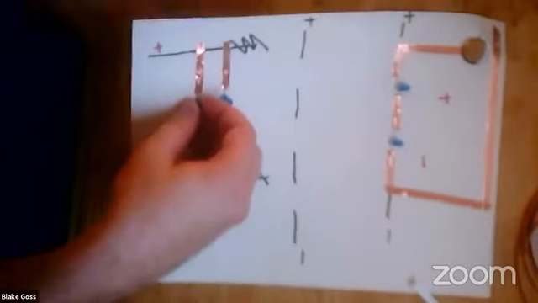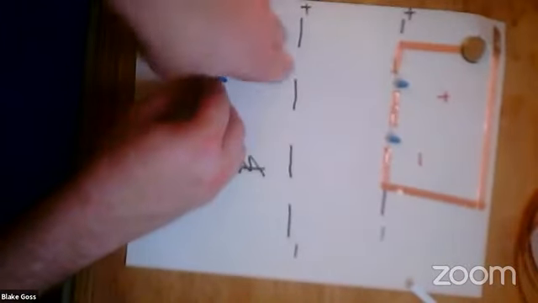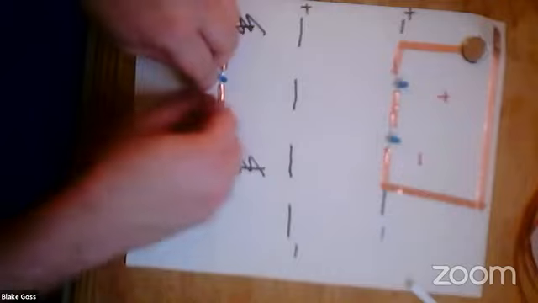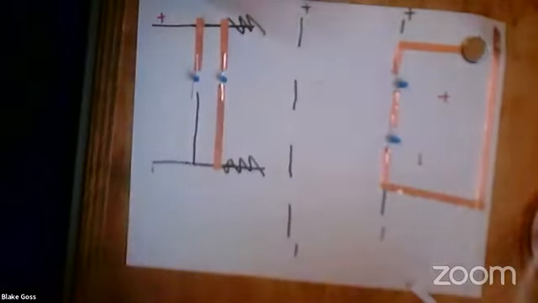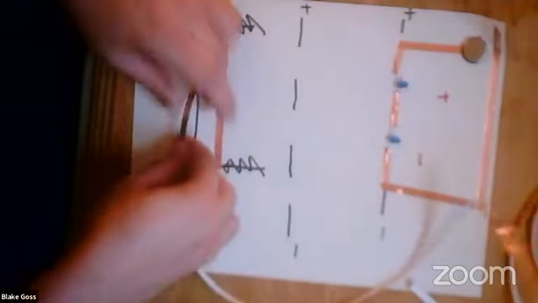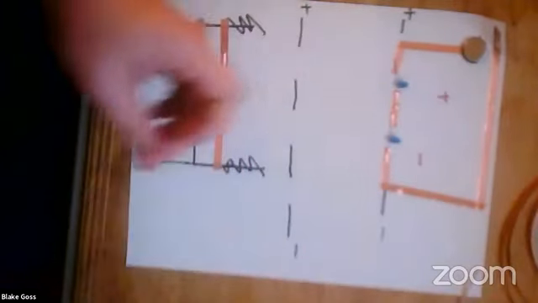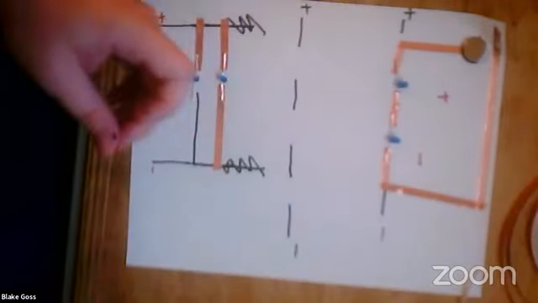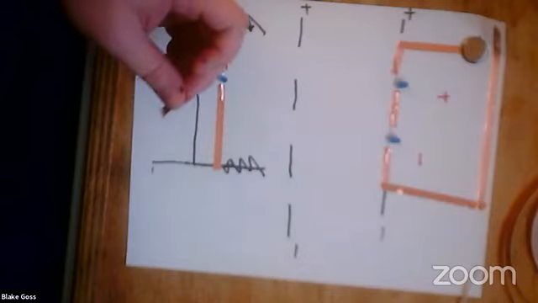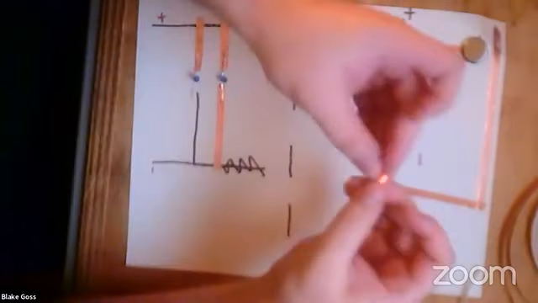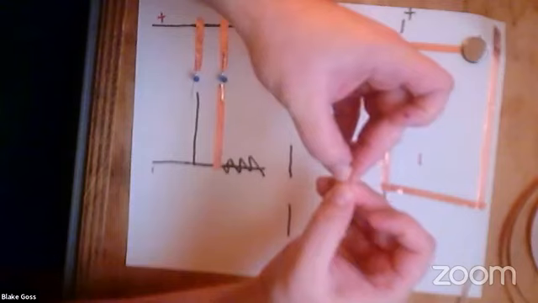What's this? All right, there we go. And then the minus side leg, we're going to go ahead and take this piece of tape here and peel it.